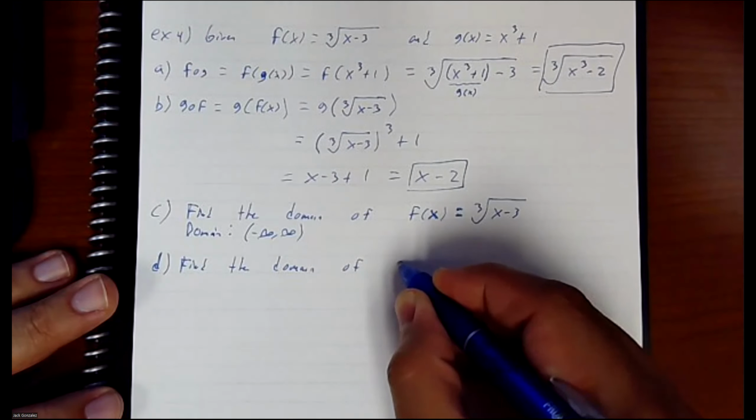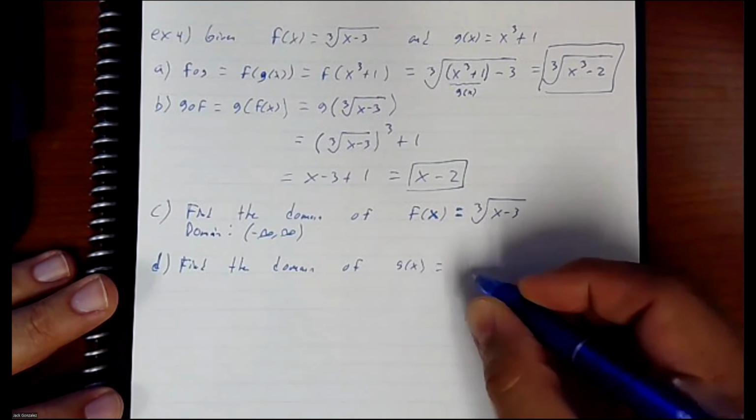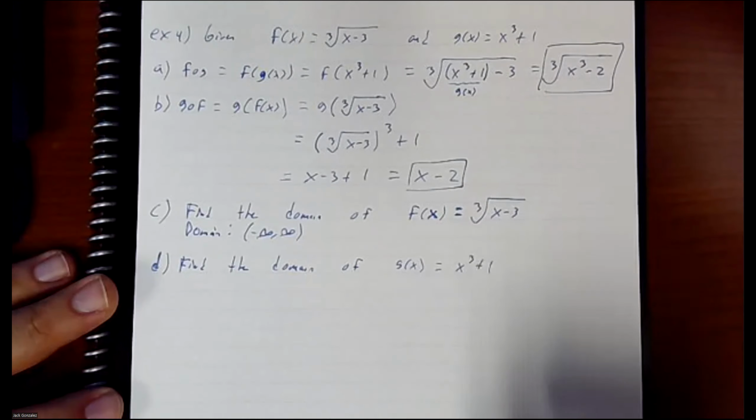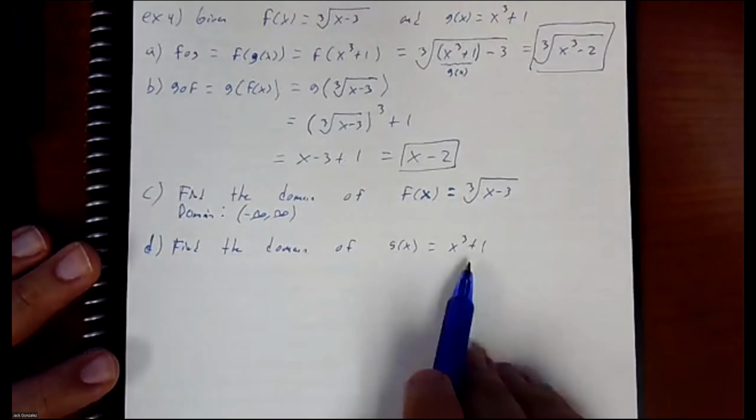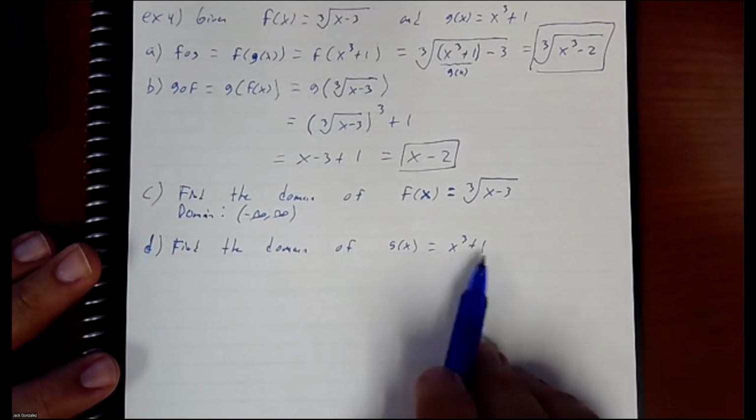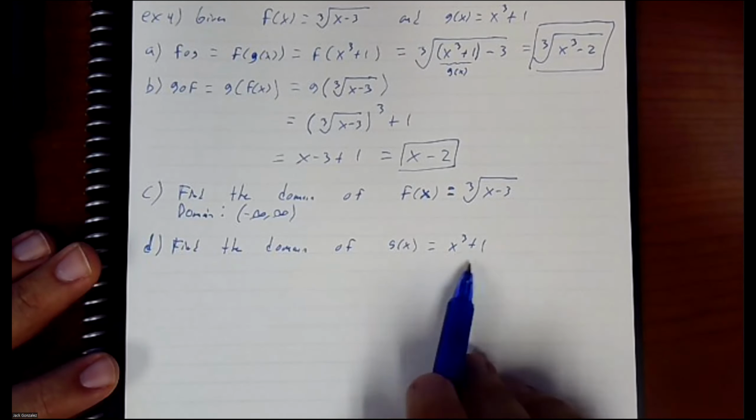The domain of g, that would be x cubed plus 1. Is there any number that you can't cube and then add 1 to? And if you remember the graph, does it cover all the x values?